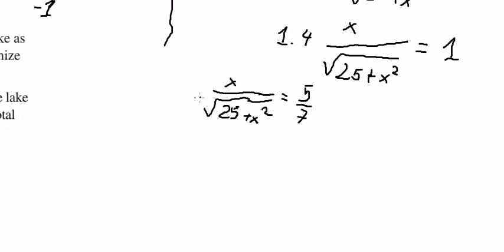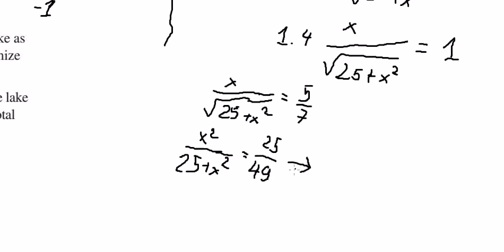Later that we put the square in both sides, you get about 25 over 49. And we can get the value of s squared in here.